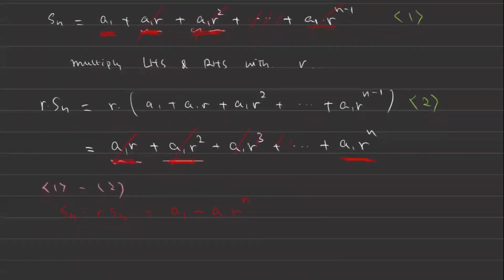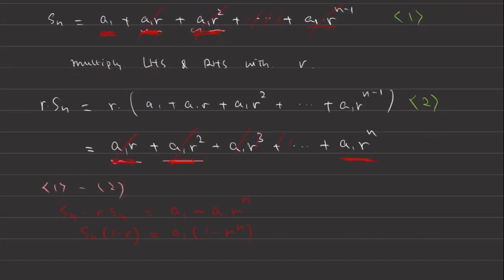So what we have here is just a little bit of algebra. On the left-hand side, we have Sn times 1 minus r, because we want to distribute this Sn out of these two terms. And we continue from there, equal to a1 subtract a1r to the power of n. So let's factor a1 out: 1 minus r to the power of n.